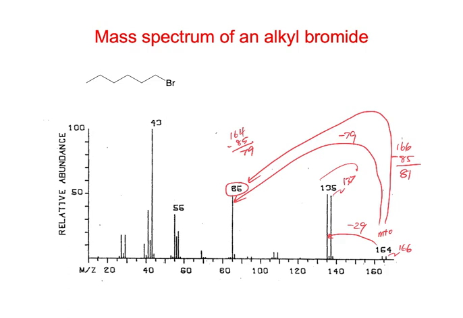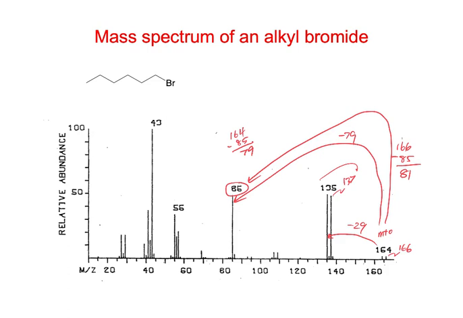One has isotope bromine 81, and we lose 81, we get 85. So we get the same ion after we've lost the bromine, but we have two different isotopes that we start with. We essentially have two different molecules. In one case we lose the 79 and get the ion that doesn't have bromine, and if we start with bromine 81, once we lose that, we get to the same point again.